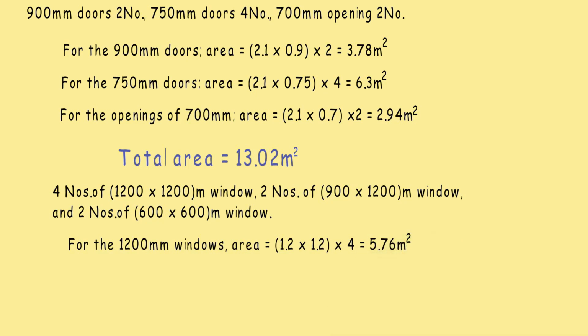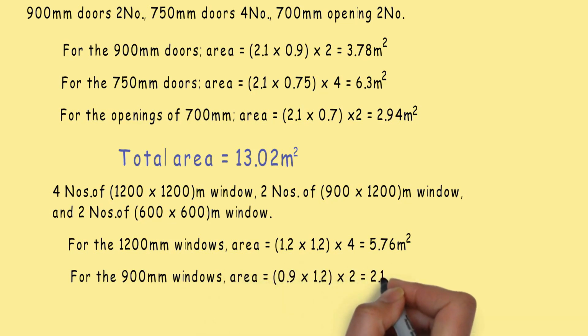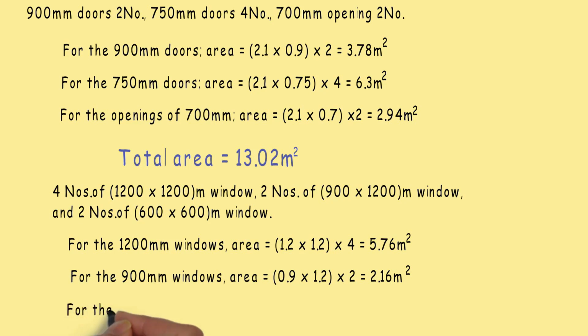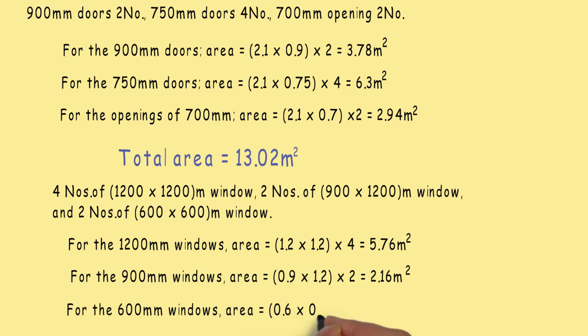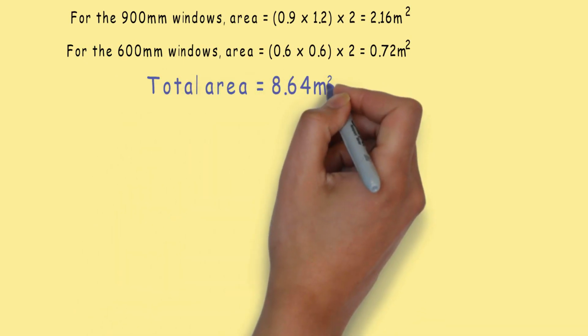For the 900 mm windows, area equals 0.9 multiplied by 1.2 multiplied by 2, which will give us 2.16 meters square. For the 600 mm windows, area equals 0.6 multiplied by 0.6 multiplied by 2, which will give us 0.72 meters square. Total area equals 8.64 meters square.